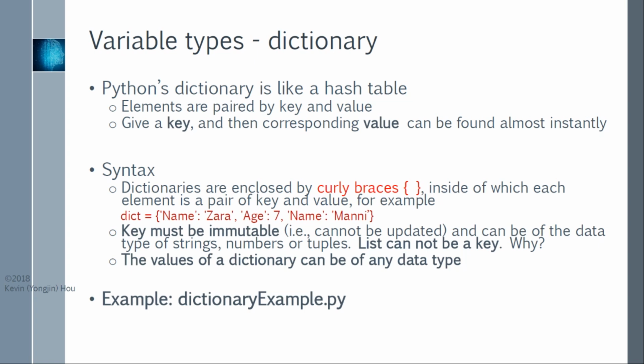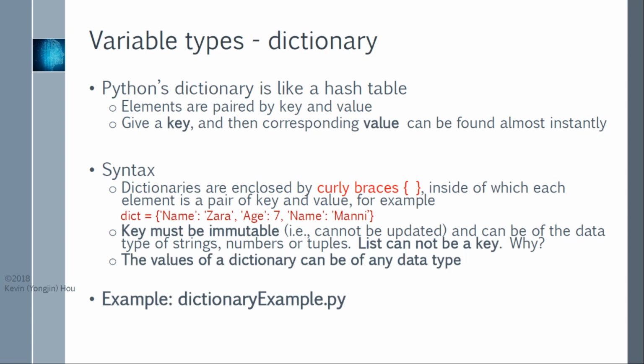The keys in a dictionary must be unique. Values do not need to be unique. Once a key is provided, its corresponding value can be instantly returned. It's a very efficient way of finding the value from its key. So that's basically how the dictionary or the hash table works.